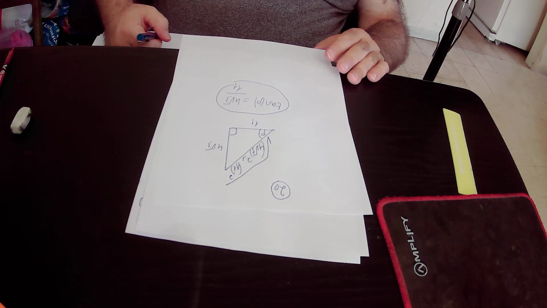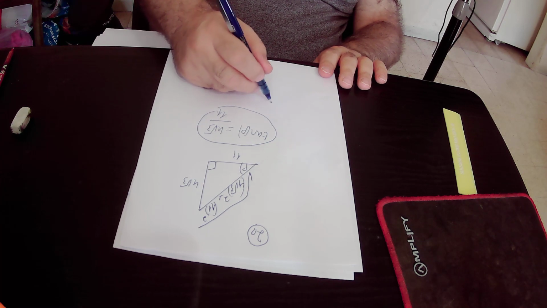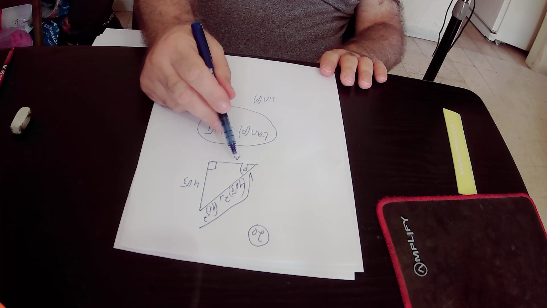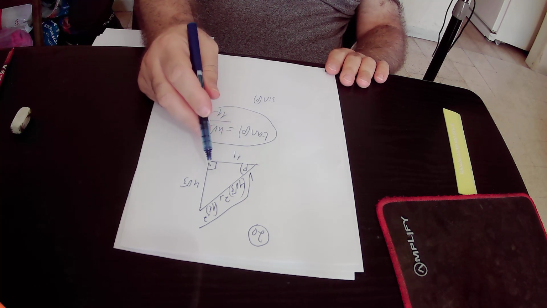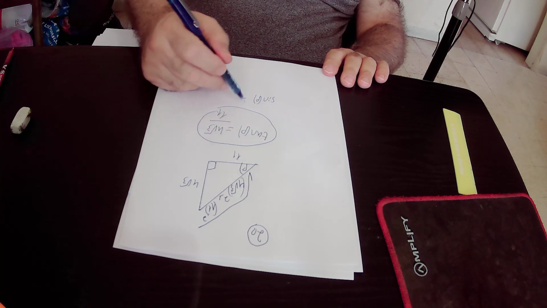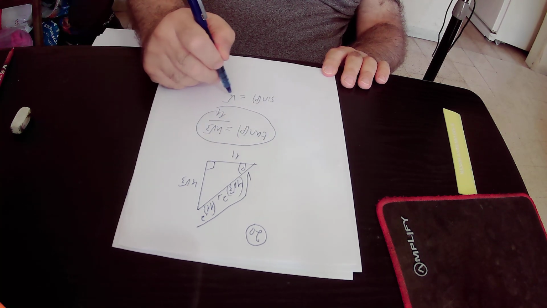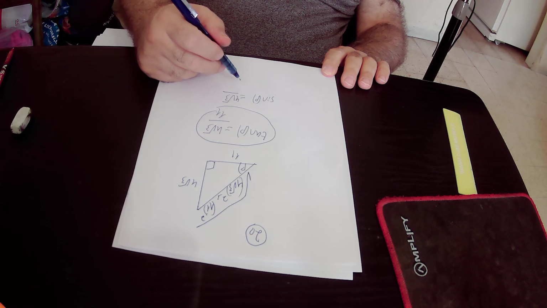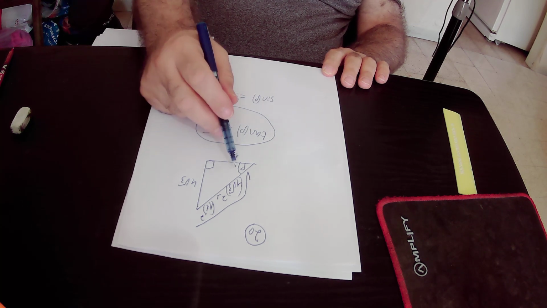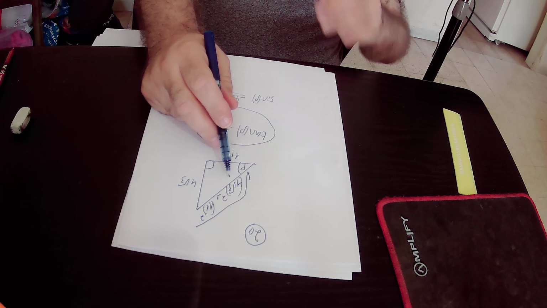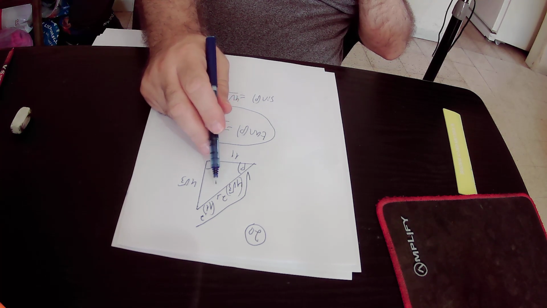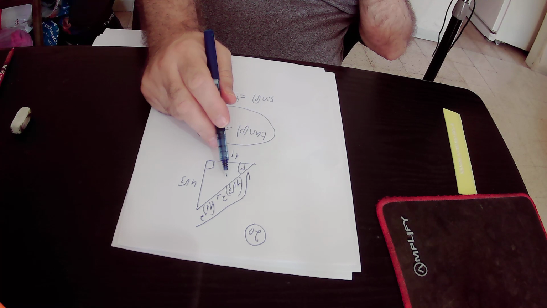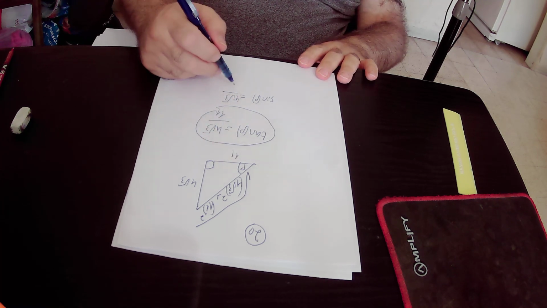Okay, and here the value of sine P will be equal to the side that is in front of angle P, that is 4 times root 3, over the hypotenuse, that is actually the root of 4 times root 3 squared, which is 48, plus 11 squared, which is 121. 48 plus 121 is 169, and the root of 169 is 13.